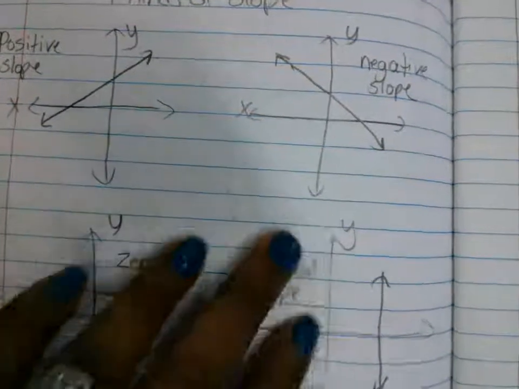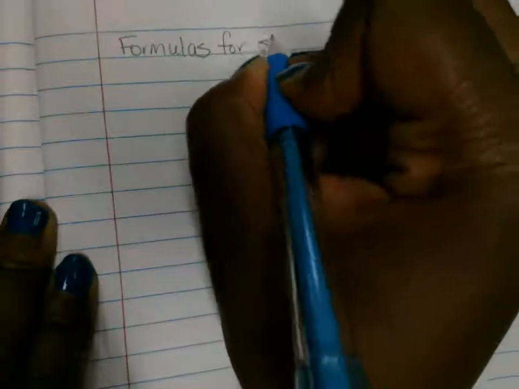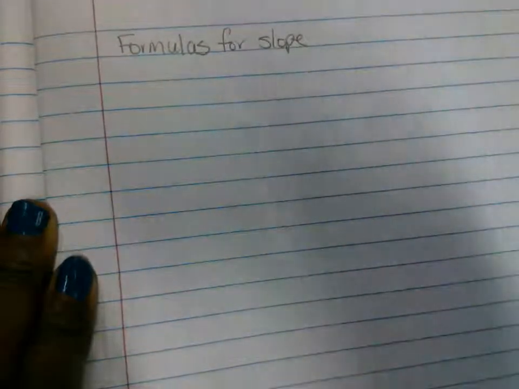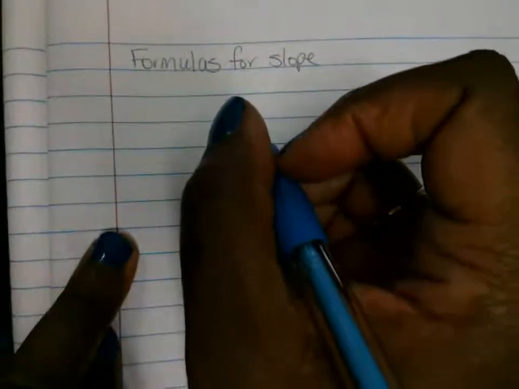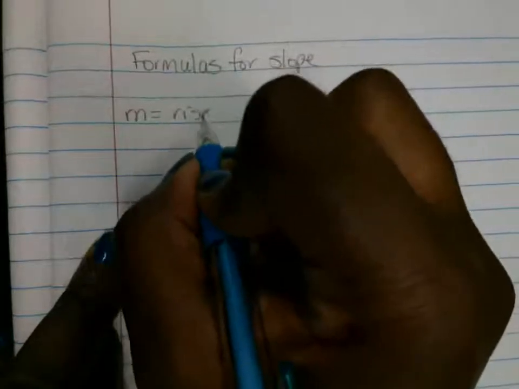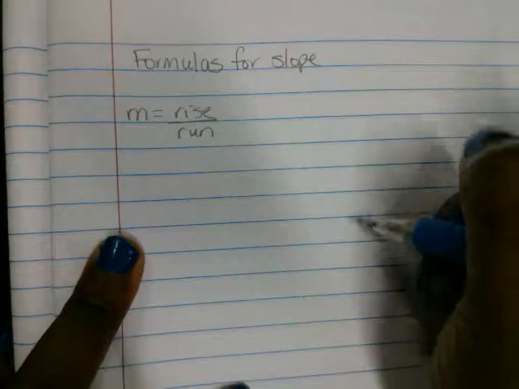All right, here we go. Formula for finding the slope. There are two formulas to calculate slope. One formula to calculate slope is rise over run. Y'all remember that from last year? Okay, well, never mind. I'm going to stop asking that question.